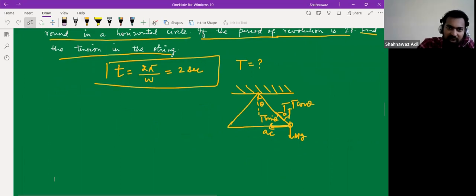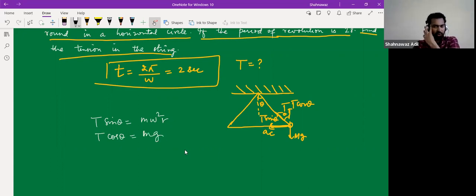So we have to calculate what? T sin theta is your m omega square r, right? And T cos theta is what? Mg.